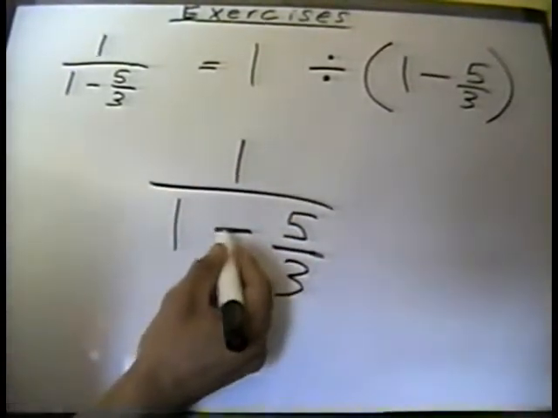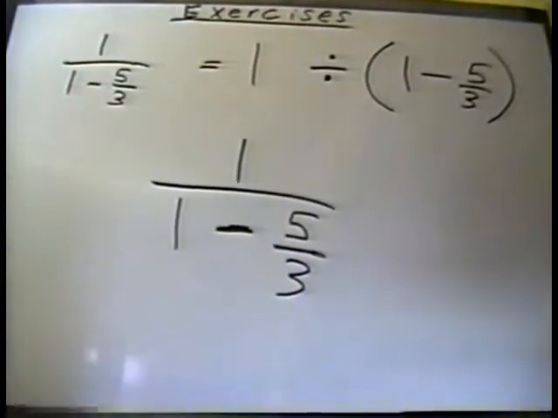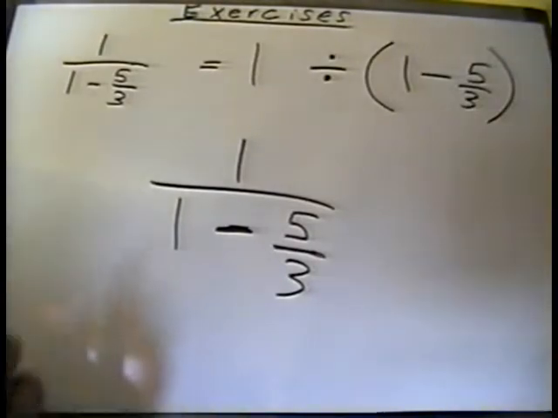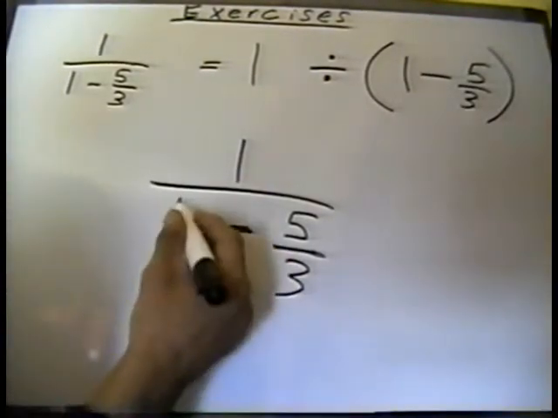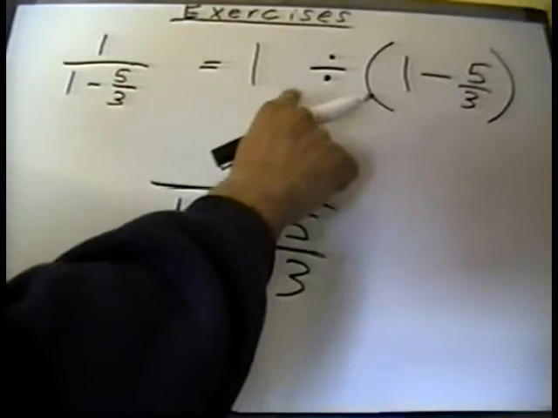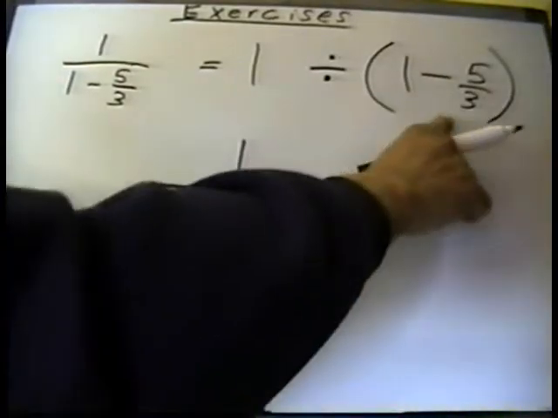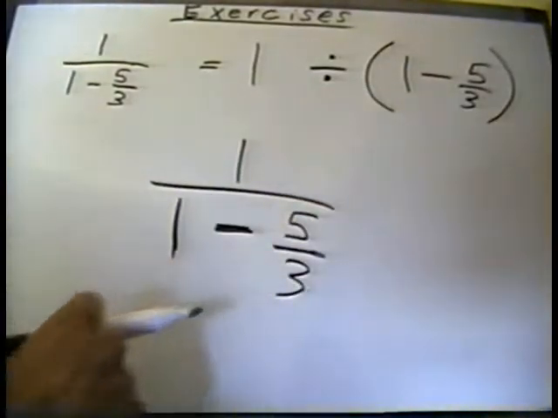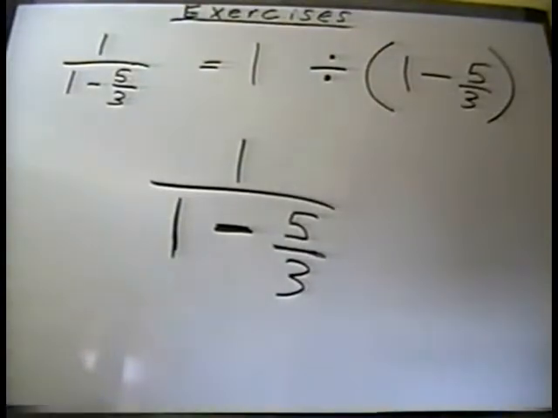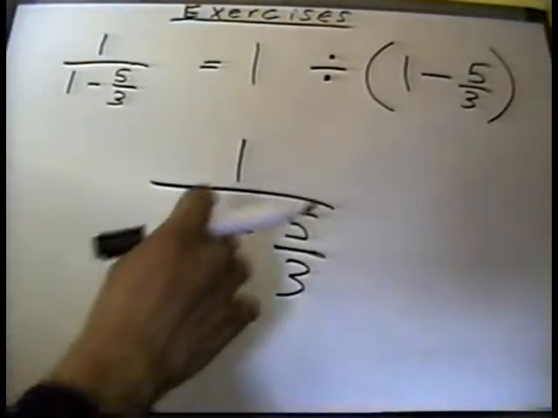See, because here 1 is being divided by both the additives. You see? Okay? Now this is here put in this form, 1 divided by 1 minus 5/3.